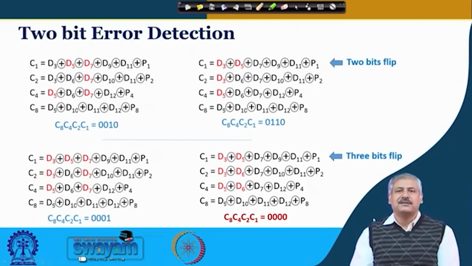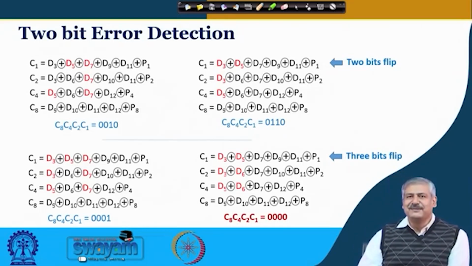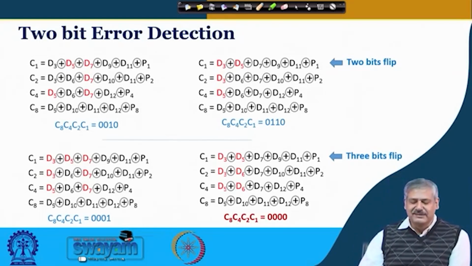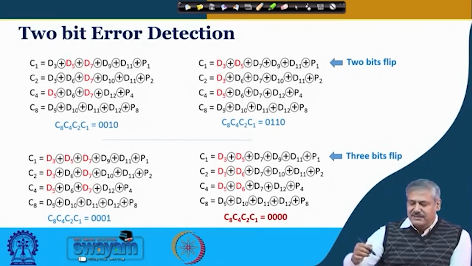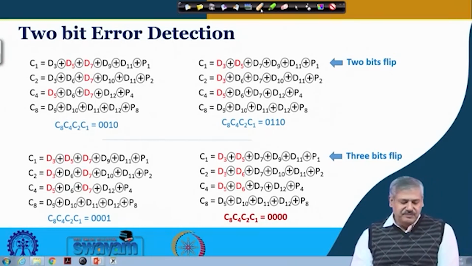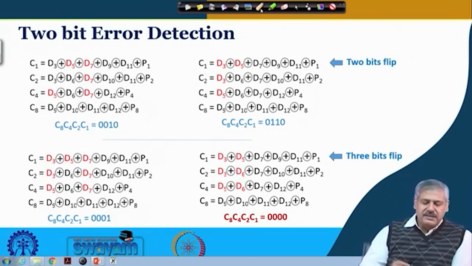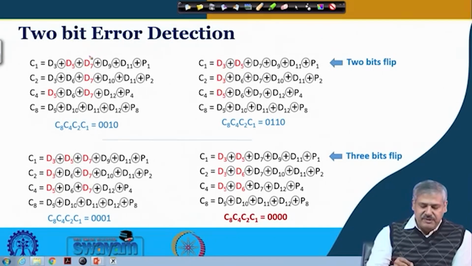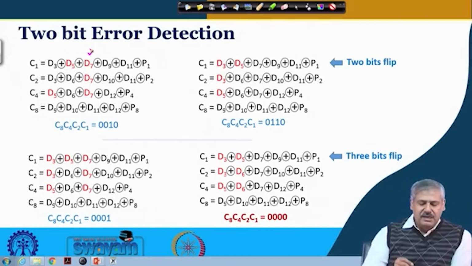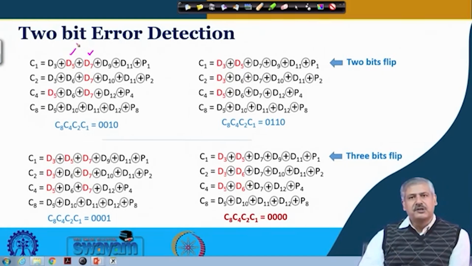Now, let us look at 2-bit error detection that is possible here. So, let us see what it means. We consider a case where D7 is erroneous and D5 is also erroneous.